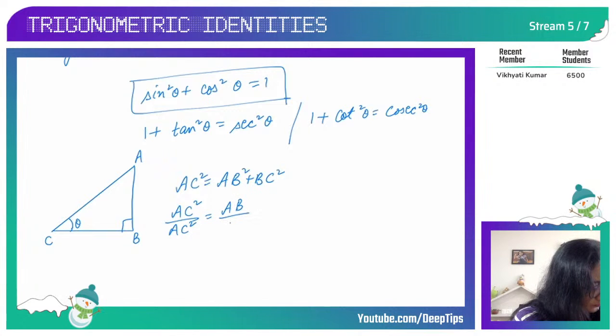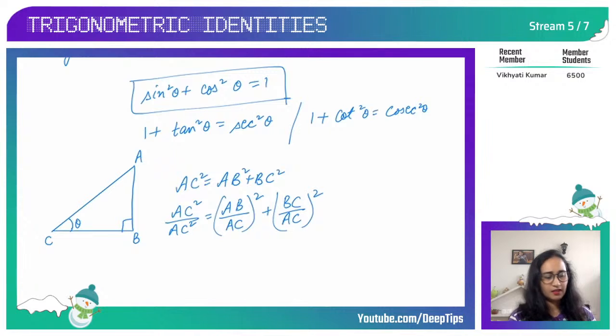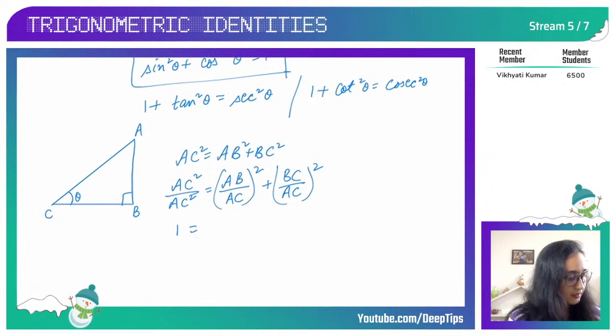So AB by AC whole square, I can write it like this, and this also can be written like this. AC square upon AC square is 1. And what is AB by AC? You can clearly see that AB by AC is perpendicular upon hypotenuse. Correct?